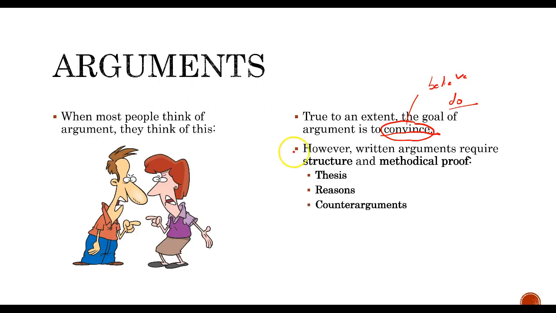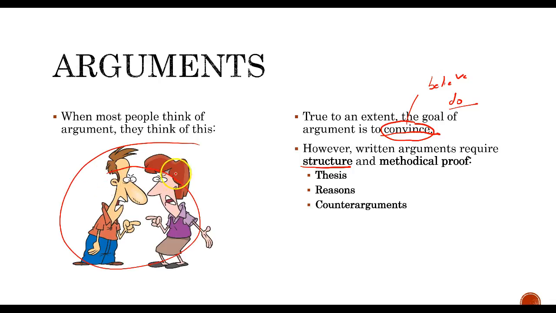However, whenever you're arguing an argument for a course orally or creating a written argument, you're going to need much more structure. Something like this lacks structure. There's a good chance that neither of these people are going to get their way. She's not going to end up picking up the kids or doing the grocery shopping. He's not going to end up taking out the trash.